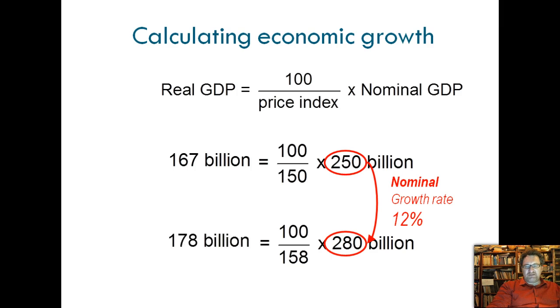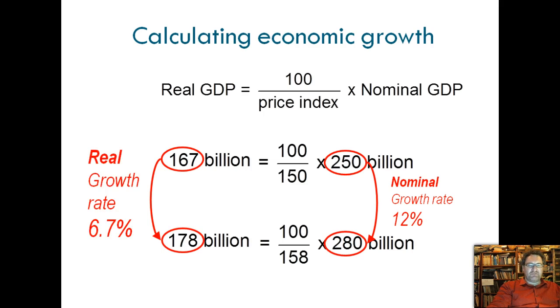In the next year, calculating real GDP again, getting rid of the price influence, real GDP is $178 billion. Now we calculate the percentage change in that real GDP. New minus old over old times 100, and it gives us a real growth rate of 6.7%.